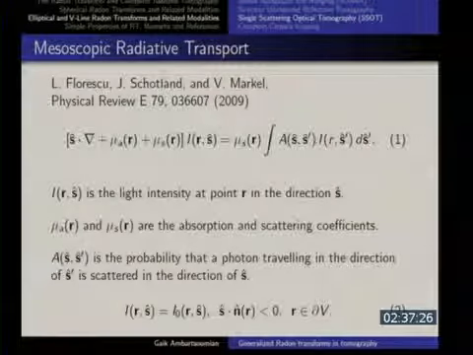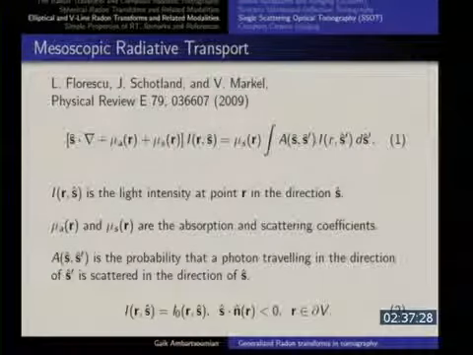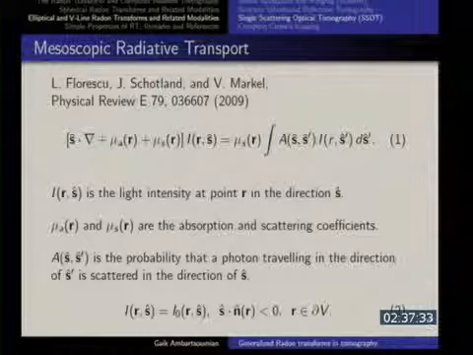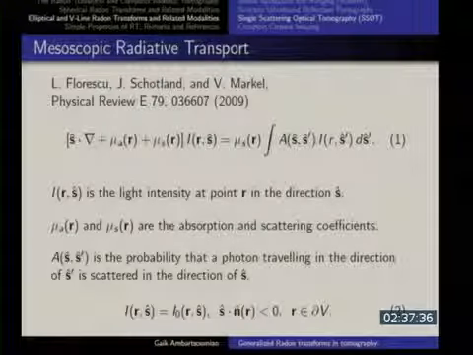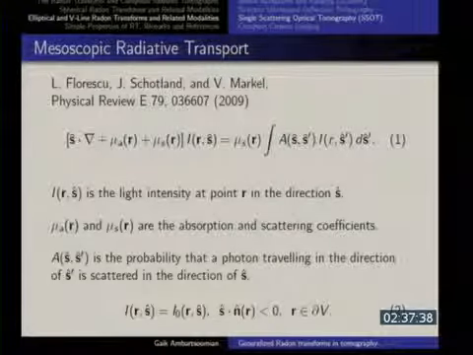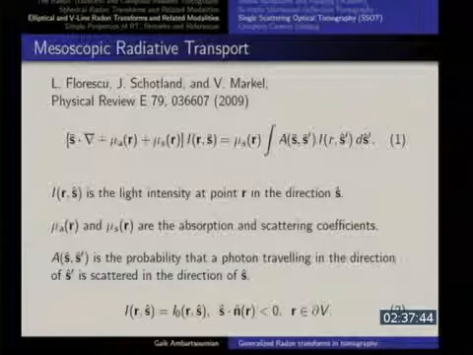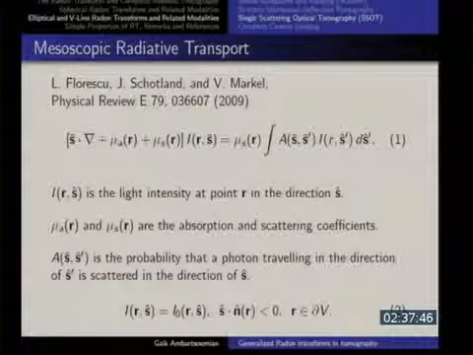The mesoscopic regime is that you're falling between the two. You're not quite in the diffusive regime yet, but you're not in the ballistic regime. They are assuming that the optical thickness is such that the predominant amount of particles scatter exactly once.